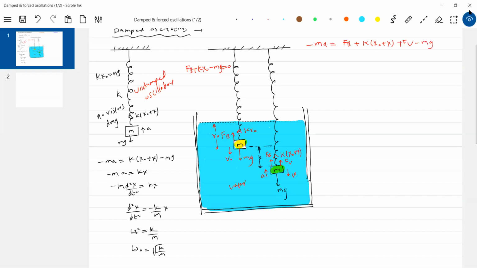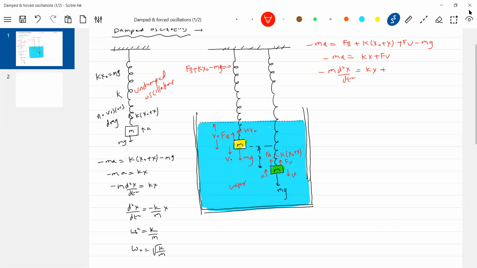Will you agree with this? Look at all the equations. The resultant force: FB plus spring force k(x naught plus x) plus viscous drag minus mg. There's a retardation. So we know from here that initially FB plus kx naught minus mg should be equal to 0. So what will be left over? We will be left with kx plus viscous drag. What is viscous drag?